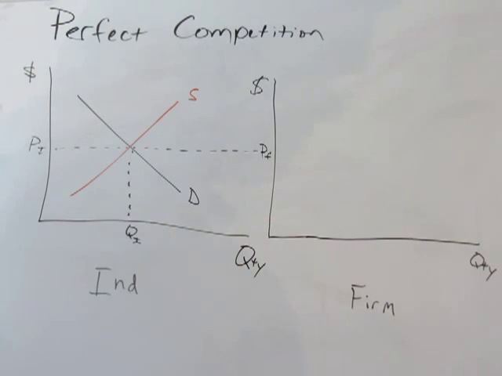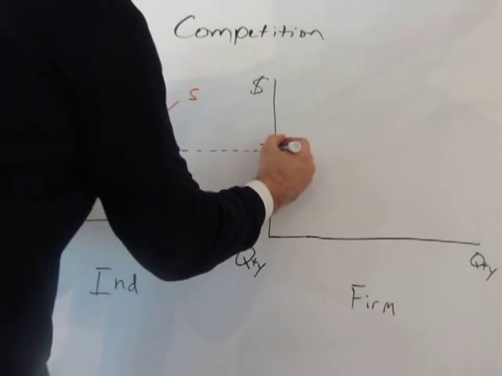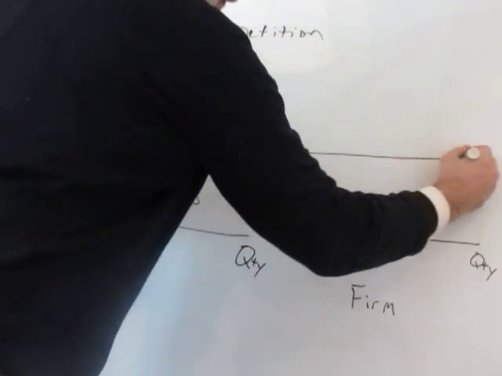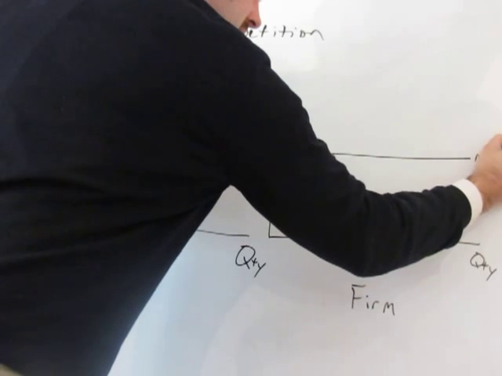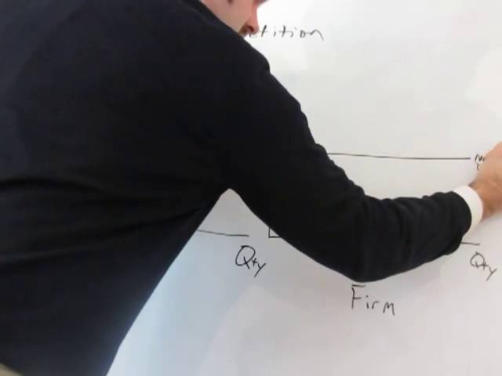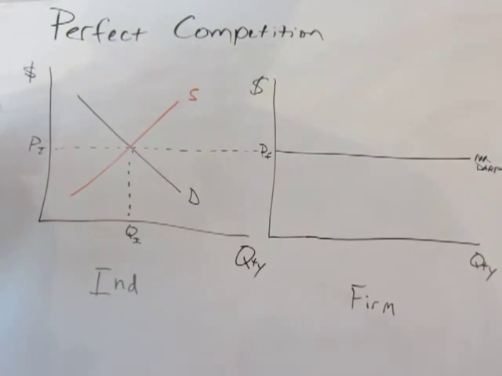Since all firms have to charge that price, and all firms are about the same size, all competing with each other for the marketplace, they are going to have a horizontal demand curve that we called MR DART, which stood for marginal revenue, demand, average revenue, and price. What that basically means is no matter what, these firms have to charge this price.